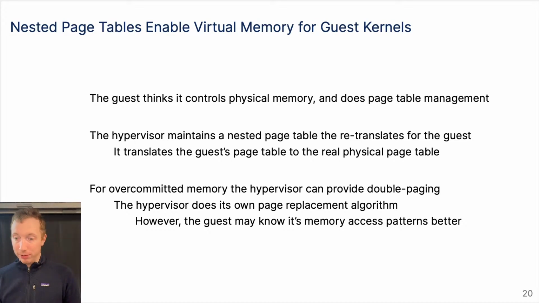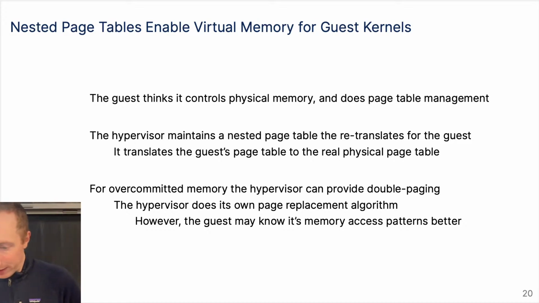That enables virtual memory for guest kernels. Again, the guest thinks it controls all the physical memory. It keeps on doing what it was doing before, so it would manage all of its page tables, one for each process, and then its own page table for when it executes in kernel mode.